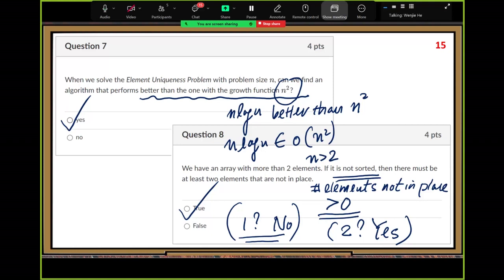I modified this question slightly, so you need to be familiar with all the concepts we used in this question.